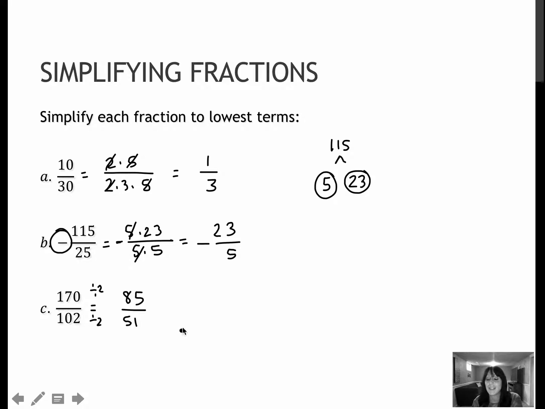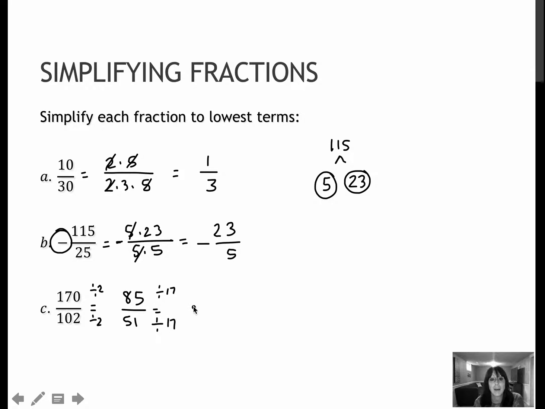And I can see clearly that 2 is not going to go into those any longer. If I try to divide by 3, that's not going to work. This one actually is going to be kind of tricky because the next number that will go into these, and this would just be a trial and error using your calculator, is 17.